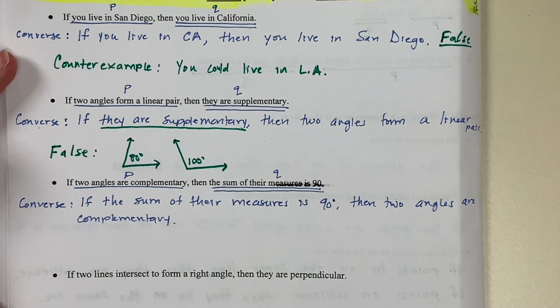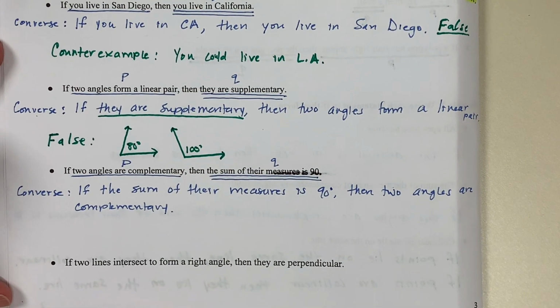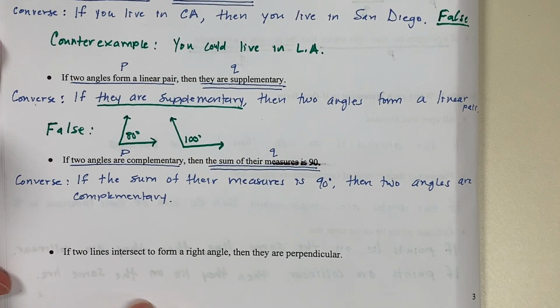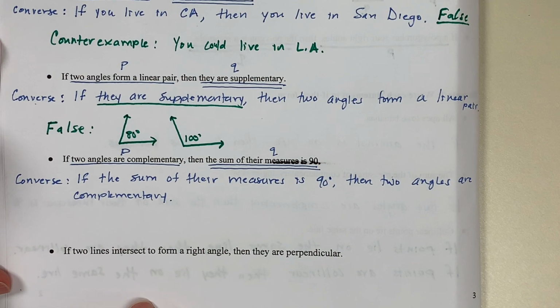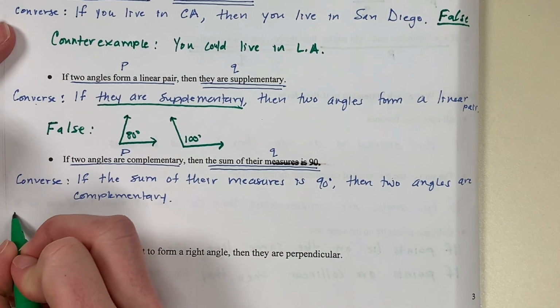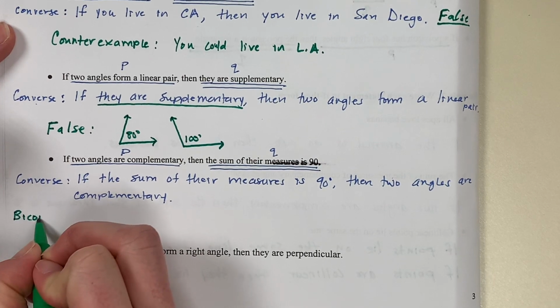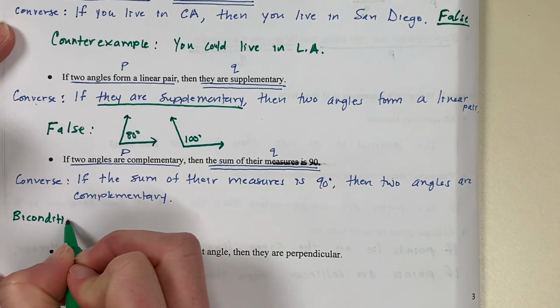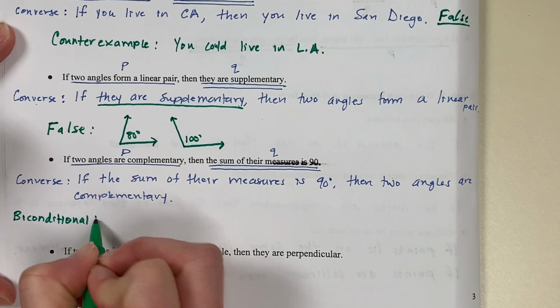Okay, if the sum of their measures is 90 degrees, then two angles are complementary. This converse is also true. Since both the conditional and the converse are true, we can write what is called a biconditional. And this is the joining of two statements.